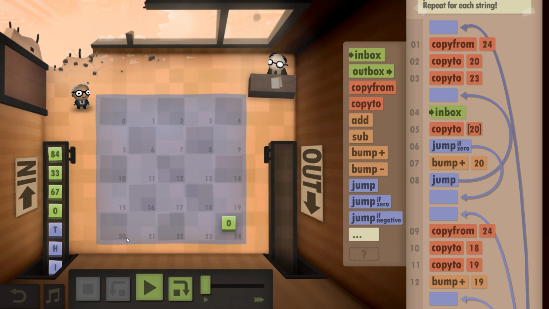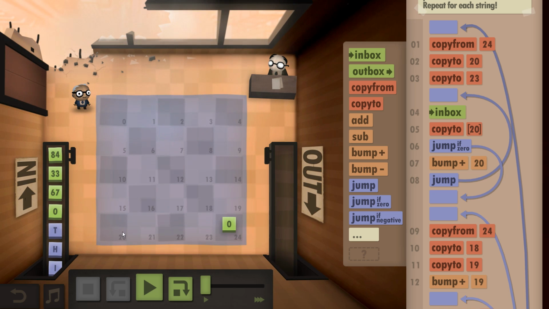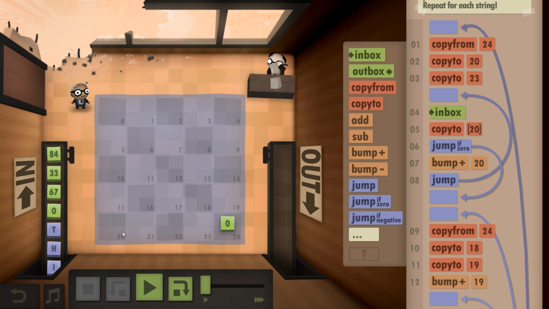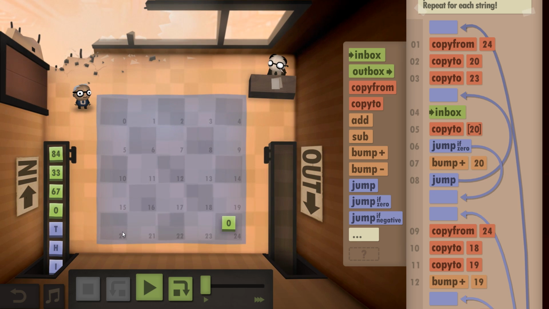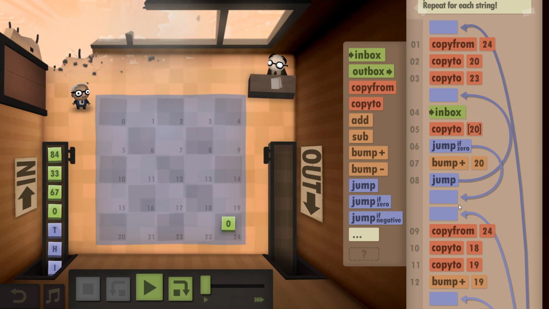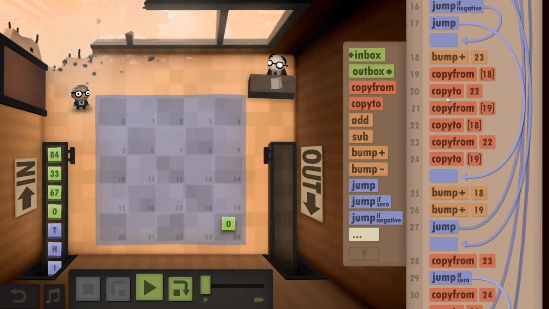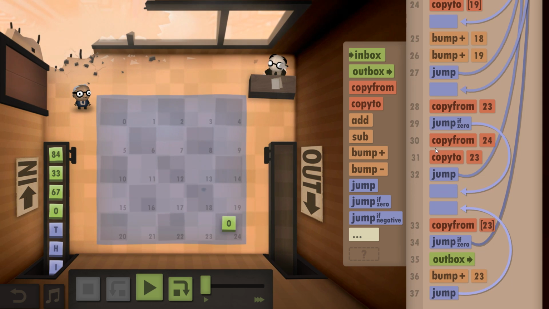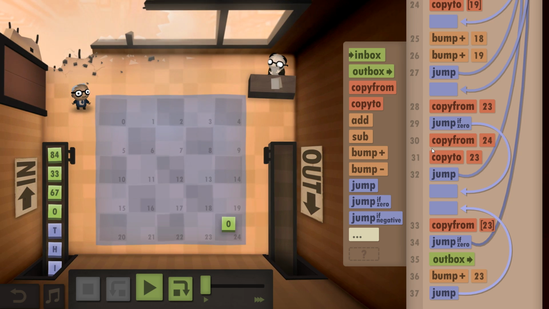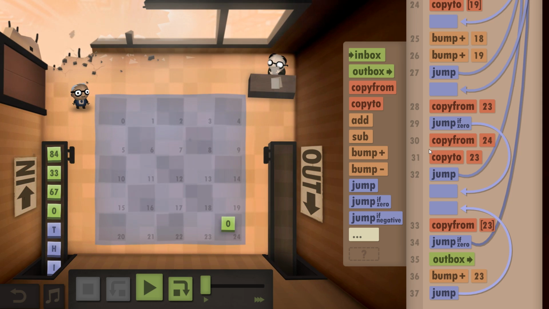What I could do is reuse that number here. But would it save me anything? No, I would have a copy 220 here, and I would remove that, and then rename all the 23s to 20s. Wait, why is that?